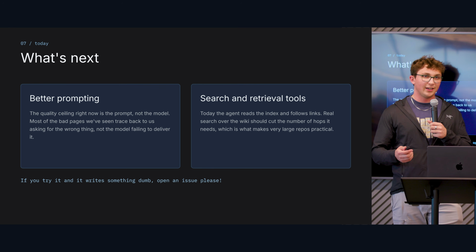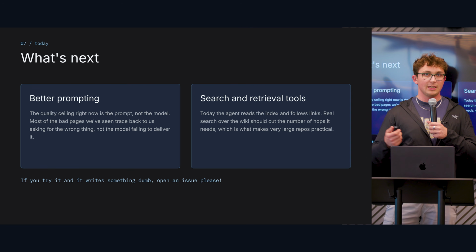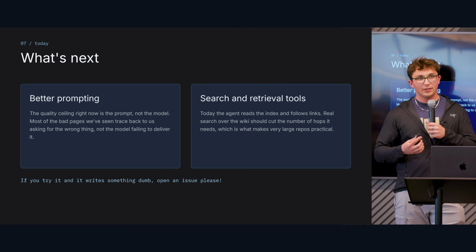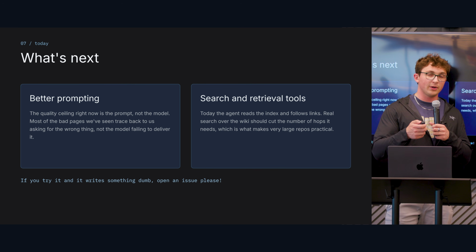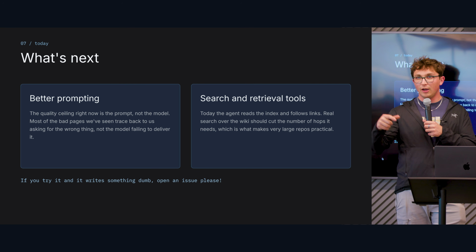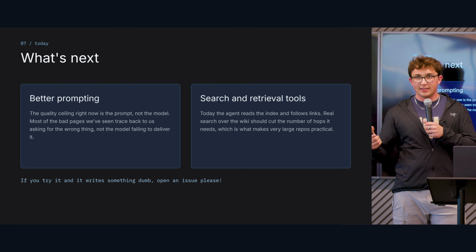So what's next? Obviously better prompting, right? We've started to invest more in evals. These are those DeepSWE evals, better prompting for it to analyze larger repos and update itself as well. And then search and retrieval tools. Like I said before, right now we write in AGENTS.md and or CLAUDE.md telling the agent about OpenWiki. But this is obviously not the end state, right?